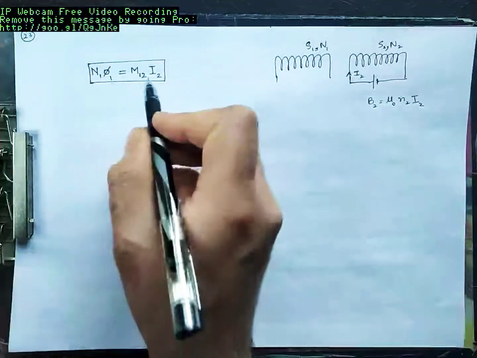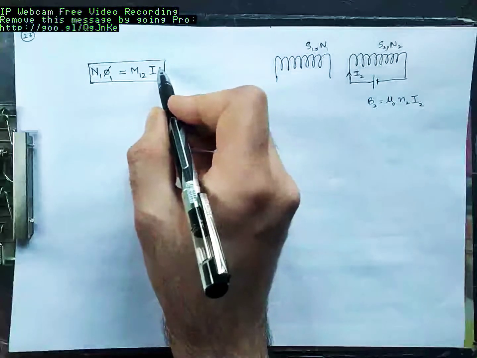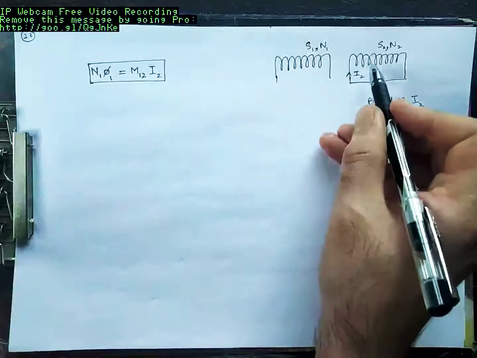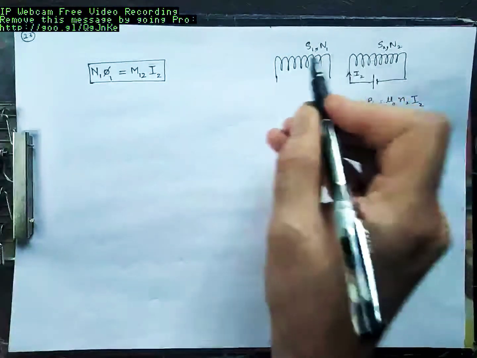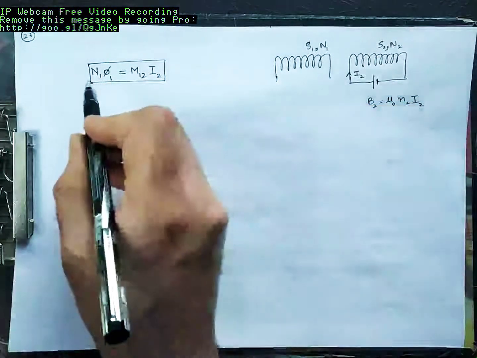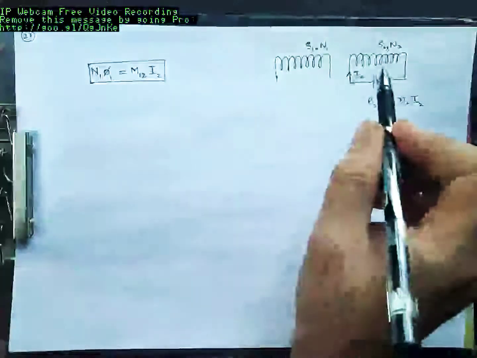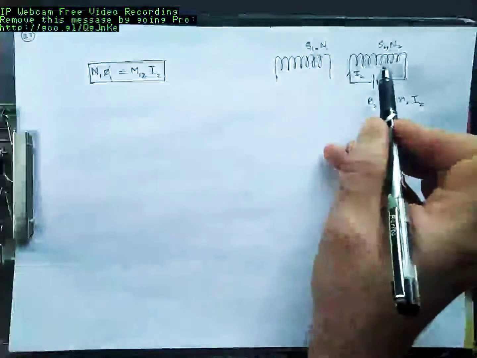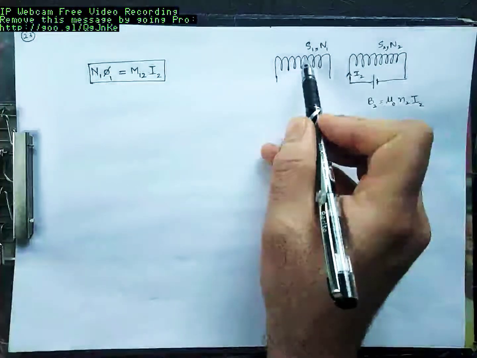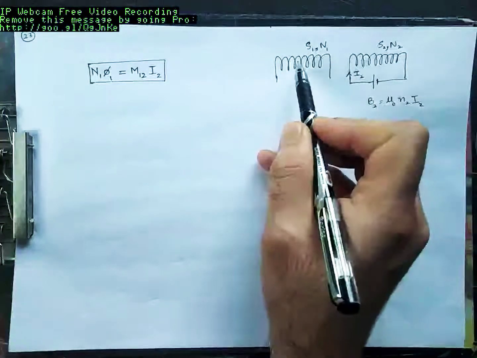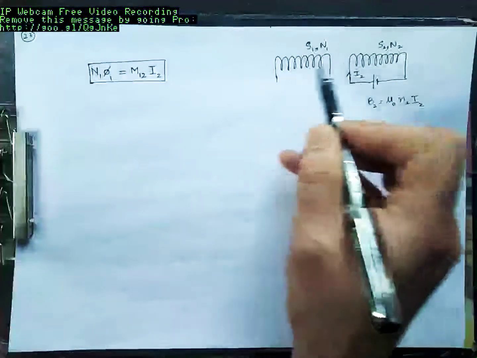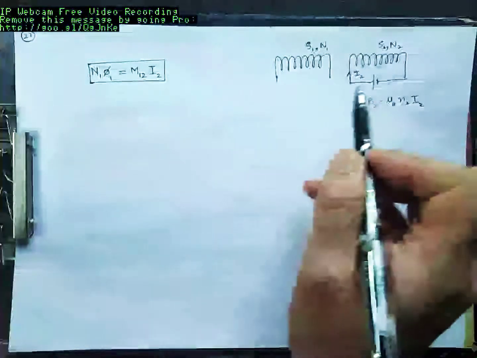That basically is proportional to current I2. The more the current I2 here, the more the magnetic field, the more the flux, and more flux will be linked to this coil as well. So this is proportional to I2. In addition to that, the flux of solenoid S2 linking solenoid S1 also depends upon the orientation, the distance between the coils, the area of the coil, the length of the coils, and so forth.